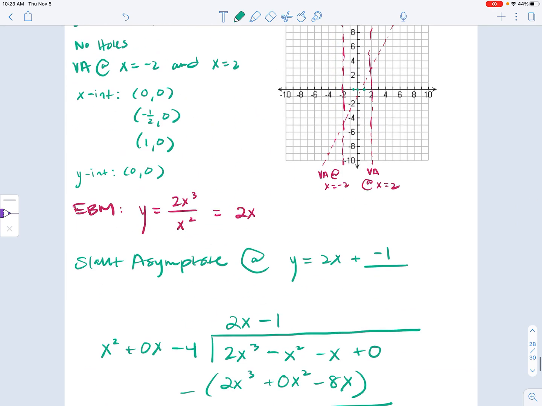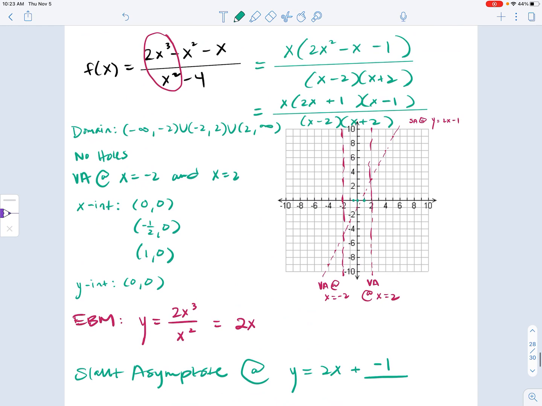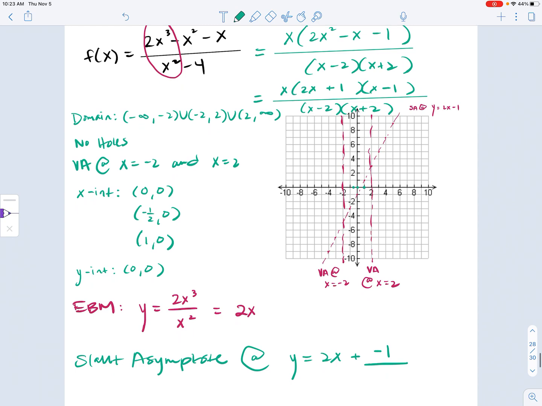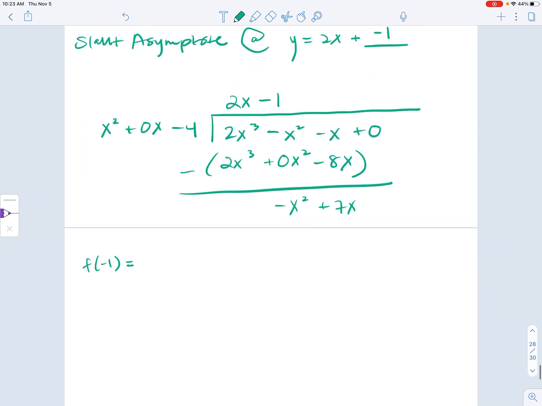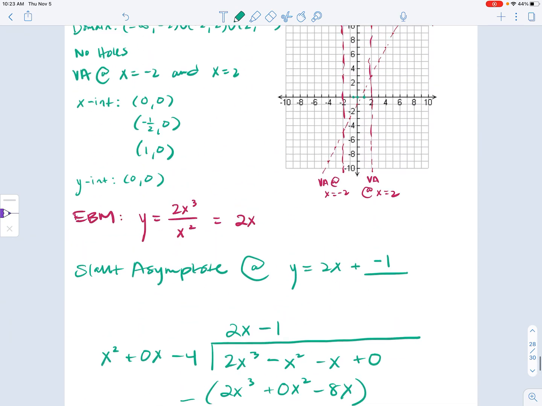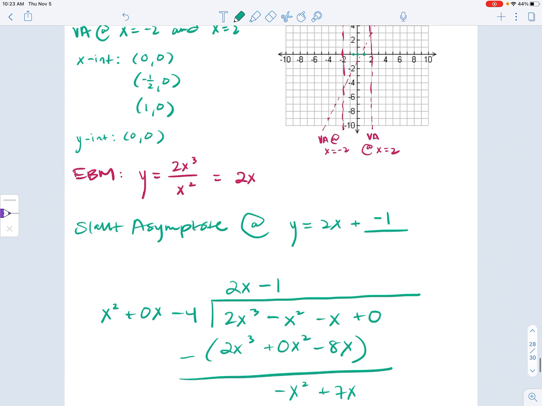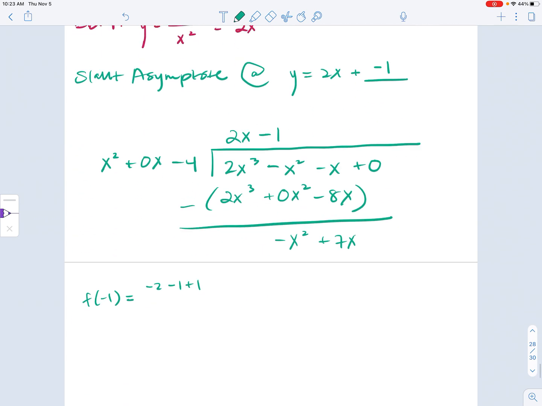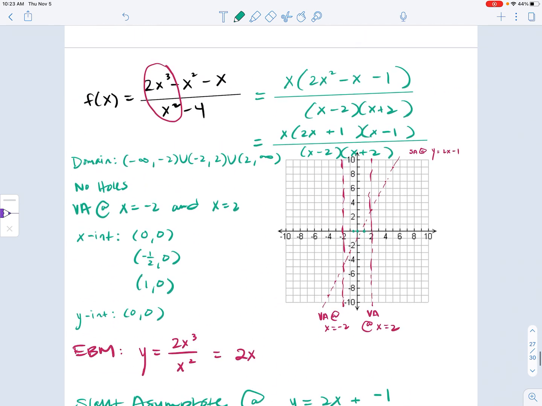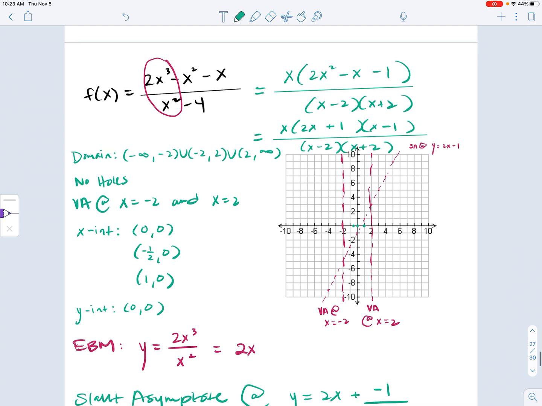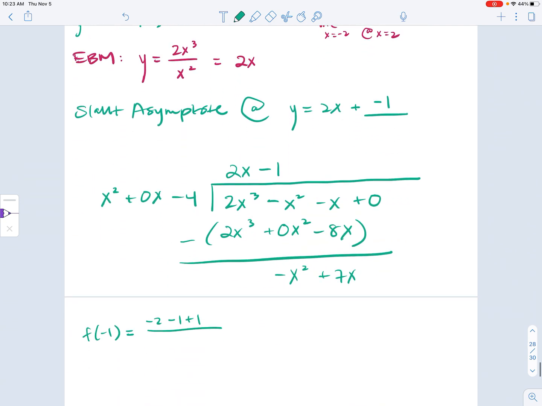So f of negative 1 would be negative 2 minus 1 plus 1 over negative 3.